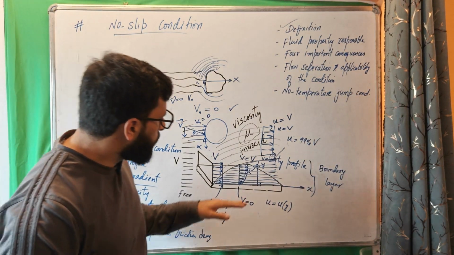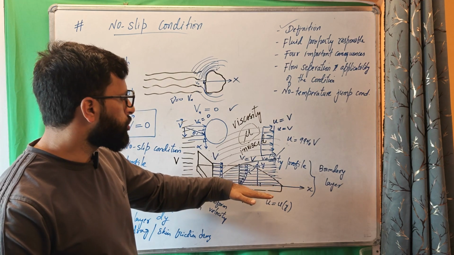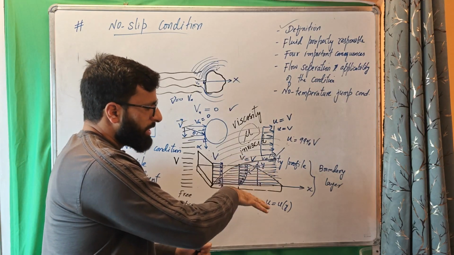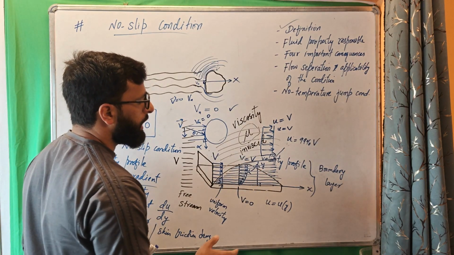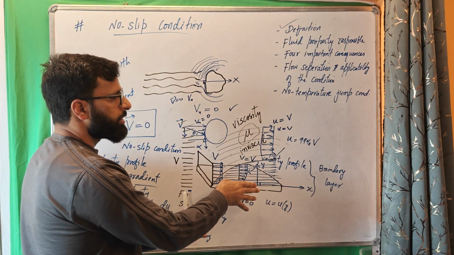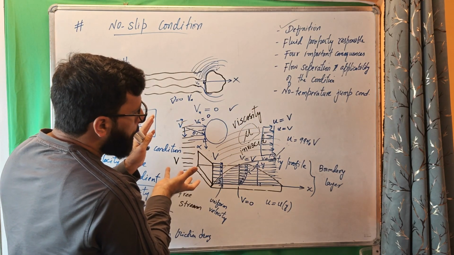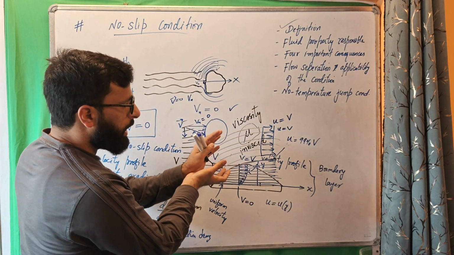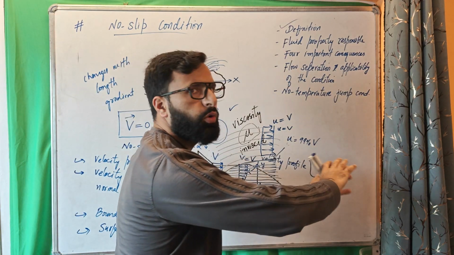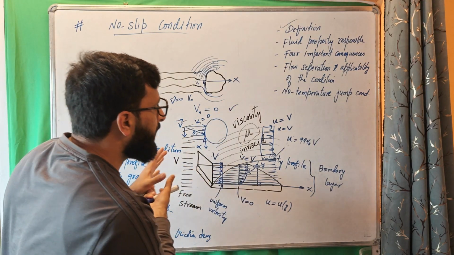Now, since fluid comes to complete rest at the solid surface, and all other layers are attached to each other, this fluid sticks with the solid surface, so when the fluid moves in this direction, the bulk fluid motion will drag the plate in the flow direction. So it's like a sticky fluid flowing, sticking to the solid surface and dragging it with it.